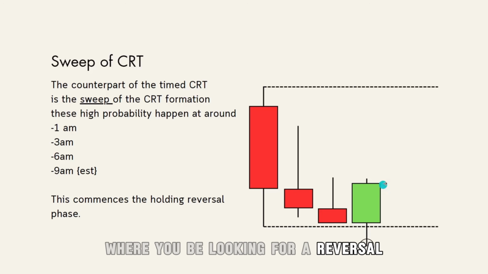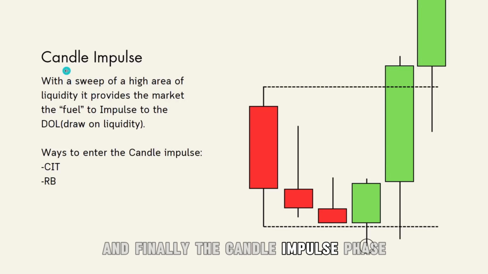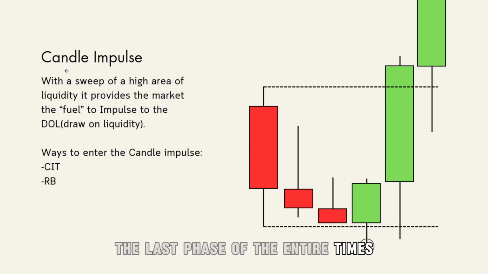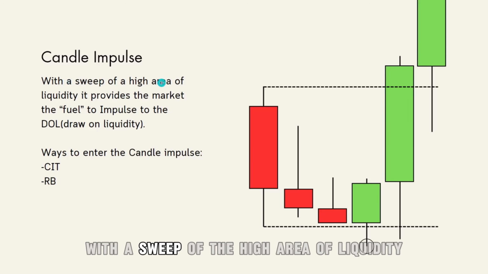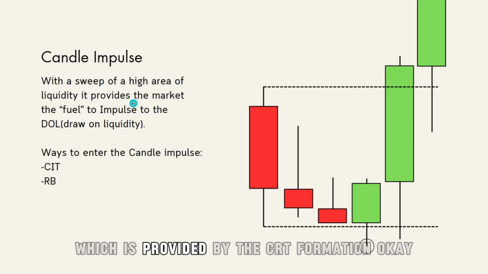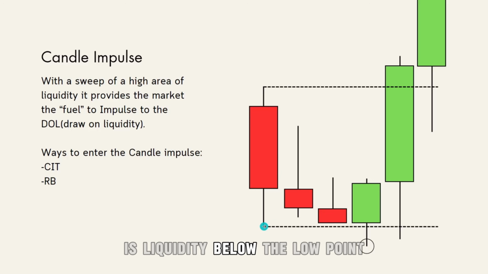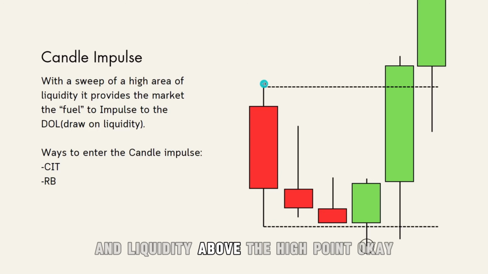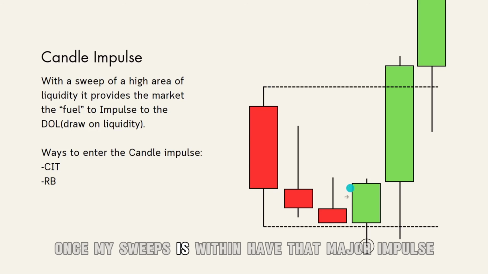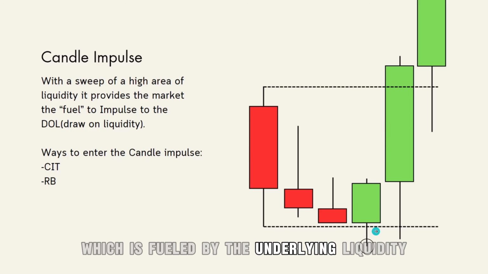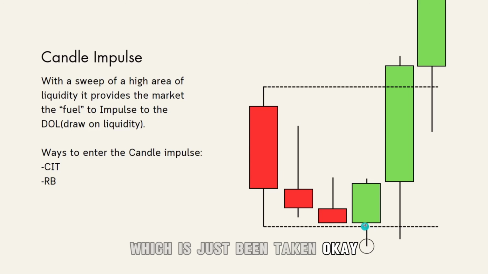And finally, the candle impulse phase, the last phase of the entire time CRT model, with a sweep of the high area of liquidity, which is provided by the CRT formation, okay? There's liquidity below the low point and liquidity above the high point, okay? Once price sweeps this, we'll then have that major impulse, which is fueled by the underlying liquidity, which has just been taken, okay?